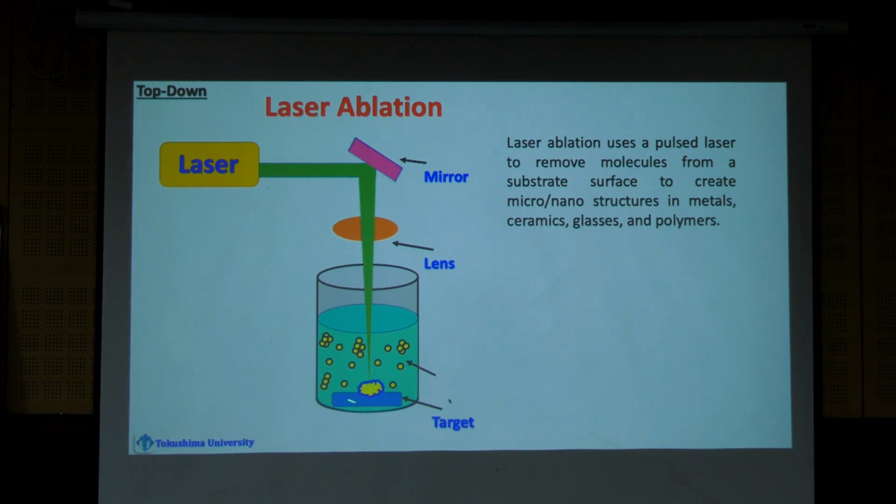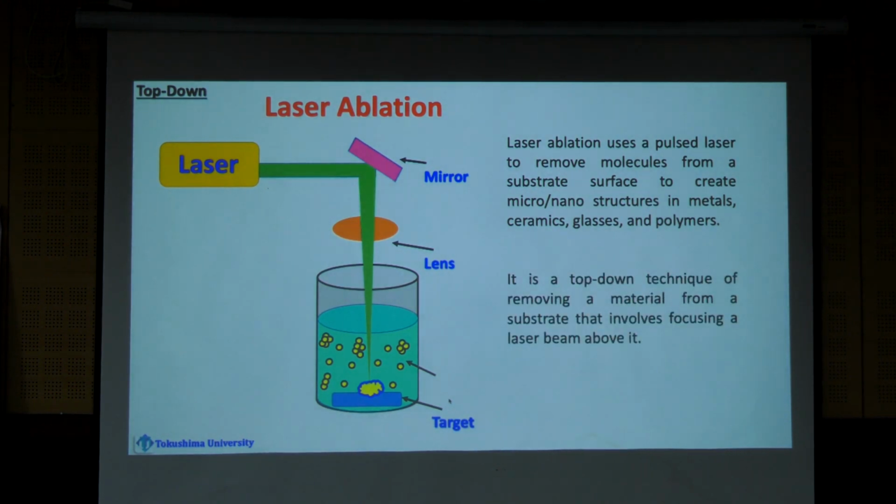We can use various target materials like metal or ceramic, or even polymer. What happens during this technique is very interesting. This is a top down technique. Look at this target material, very big, and the laser is coming on the surface of this target material.